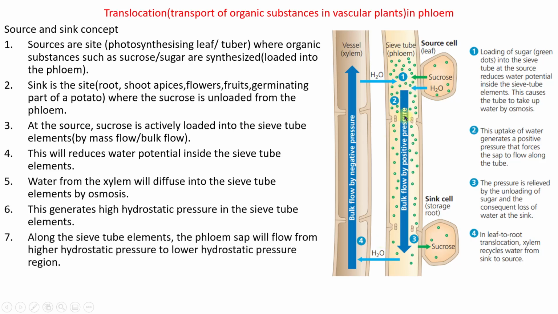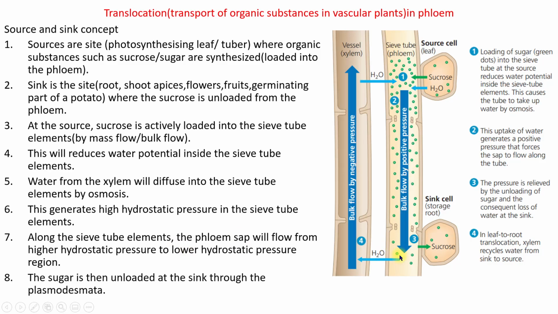Then along these sieve tube elements, the phloem sap will flow from a higher hydrostatic pressure region to a lower hydrostatic pressure region. When the water from the vessel element mixes with the sucrose from the source cell in the sieve tube, this mixture is known as the phloem sap.